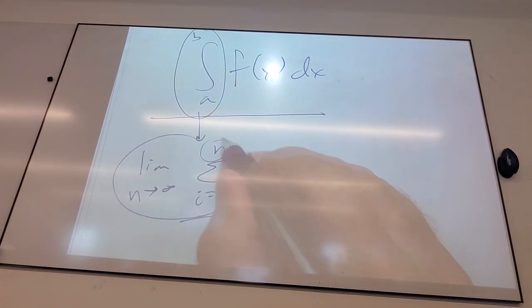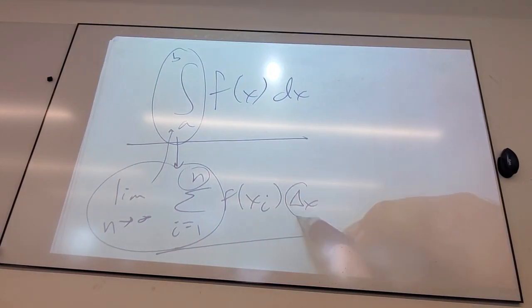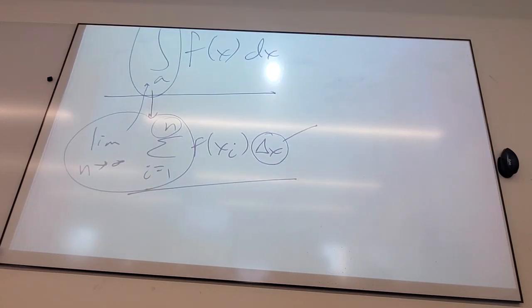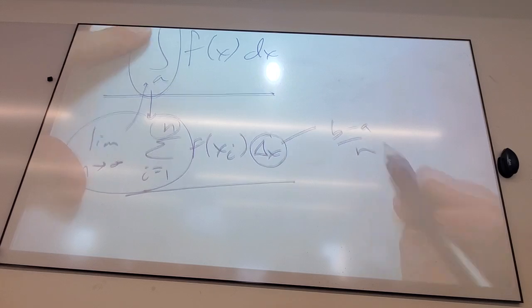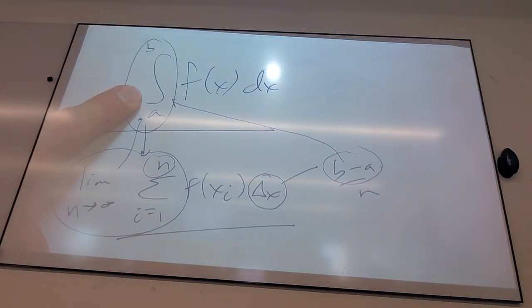So we chose this symbol to represent it. The nice thing is, how do I calculate this? Where does that come from? Yeah, b minus a over n. So we also incorporated that into that symbol. So that symbol does a lot of work.